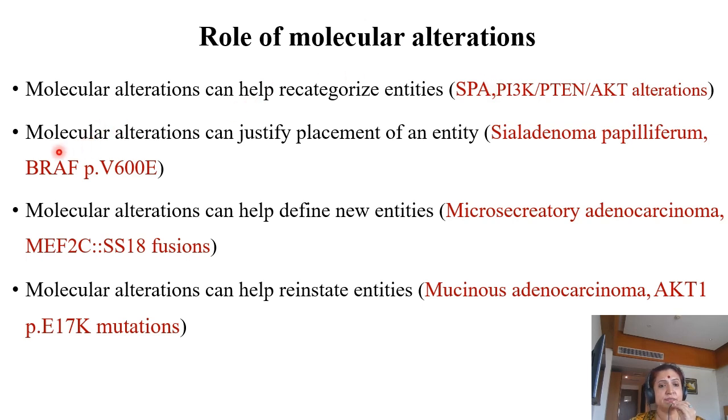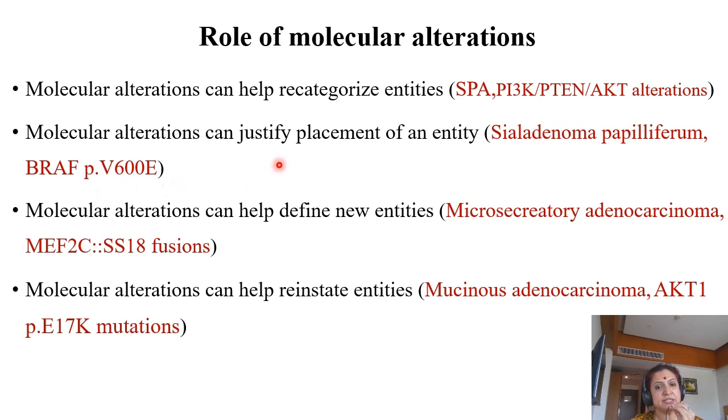Another is that molecular alterations can justify placement of an entity. Sialadenoma papilliferum is classified as a benign neoplasm, and we can justify that because sialadenoma papilliferum has been known to have this BRAF V600E mutation.